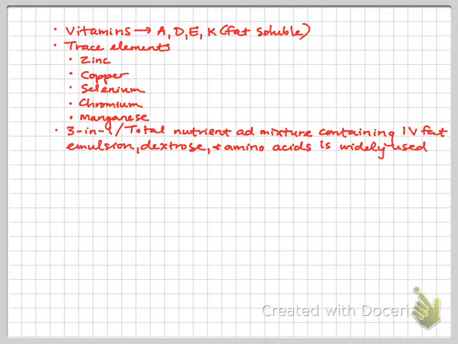So it's pre-prepared. So what's interesting about the fact that IV fat emulsions may be added to the mixture, may be given in addition to it, we'll talk about that a little bit later when the book mentions it, but we may also have these pre-mixed parenteral solutions.